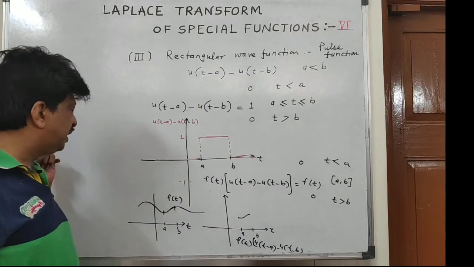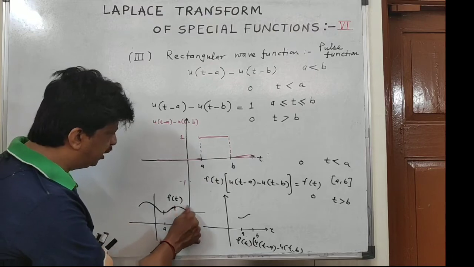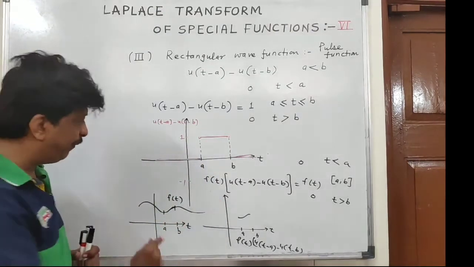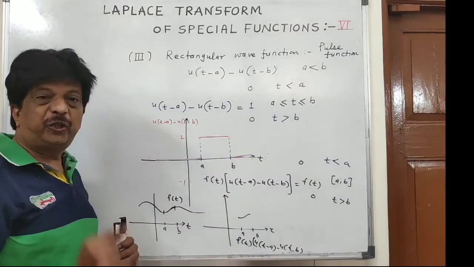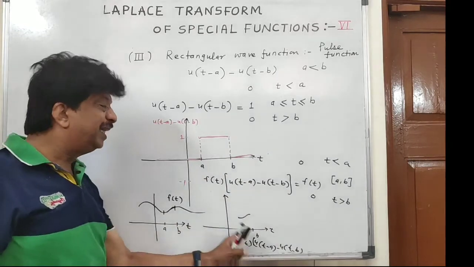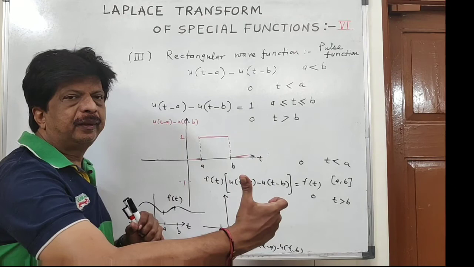It rejects this much portion and this much portion. It allows only this much portion of the graph of f of t, the portion from a to b only. It is like allowing only the signal from 4 a.m. to 5 a.m.